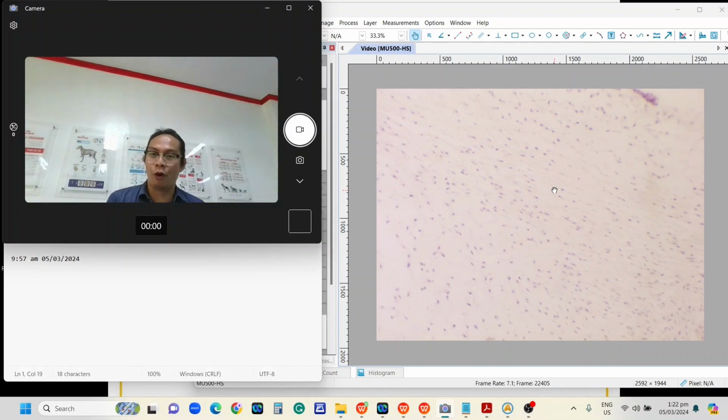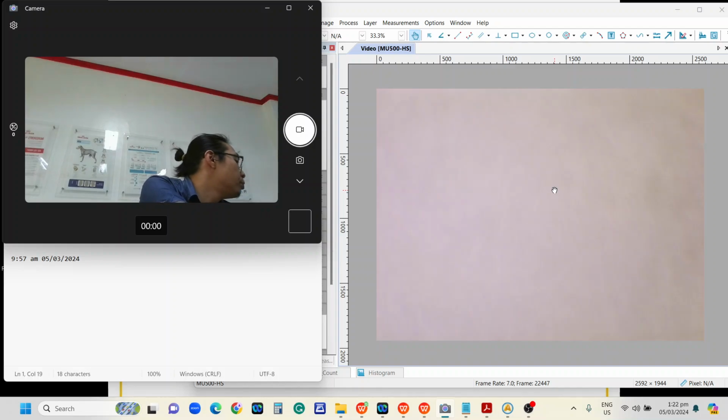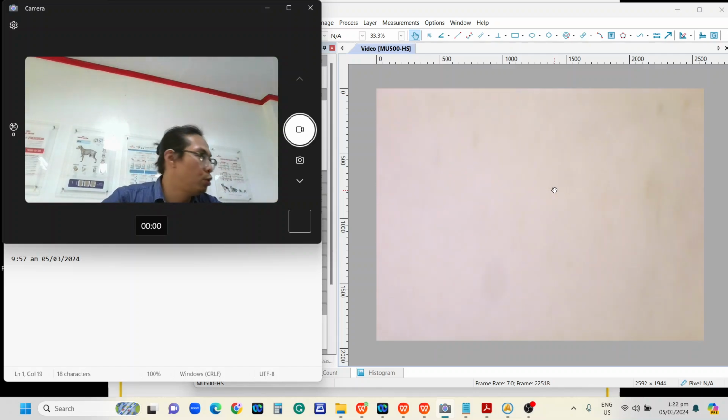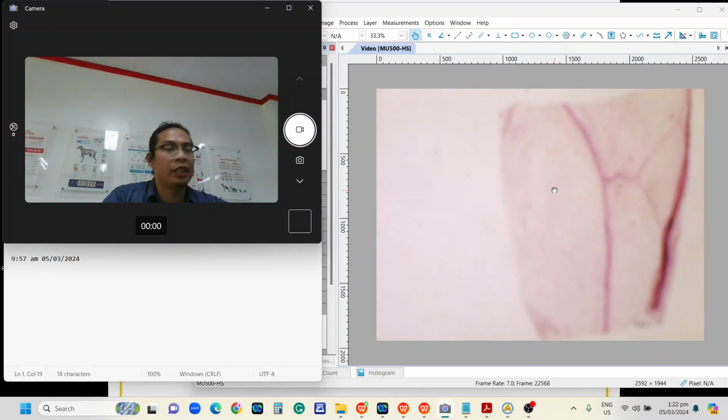Now, let's move on to the loose or areolar connective tissue. As the name suggests, diba? Loose. It is loose. Loose connective tissue. So, anong itsura niya? Anong arrangement niya?